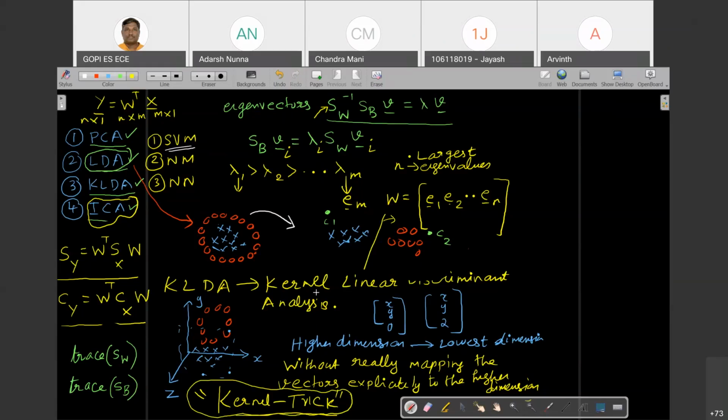We have a trick as if it is doing the job in the higher dimension. So it is like we do linear discriminant analysis in the higher dimension without really mapping the vectors explicitly. That is what kernel LDA is going to do, which we will discuss in the coming class.